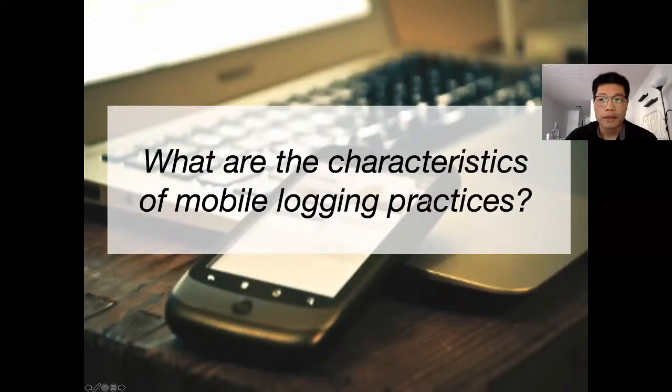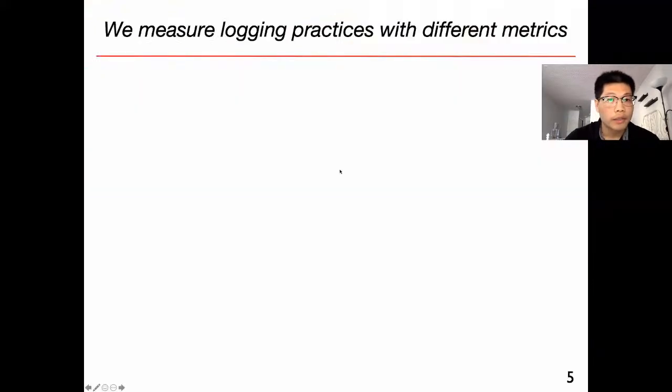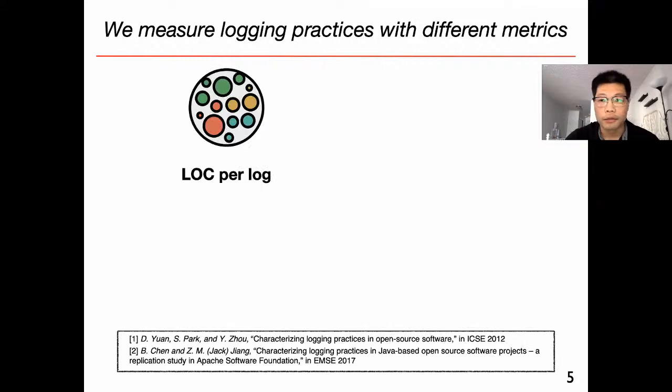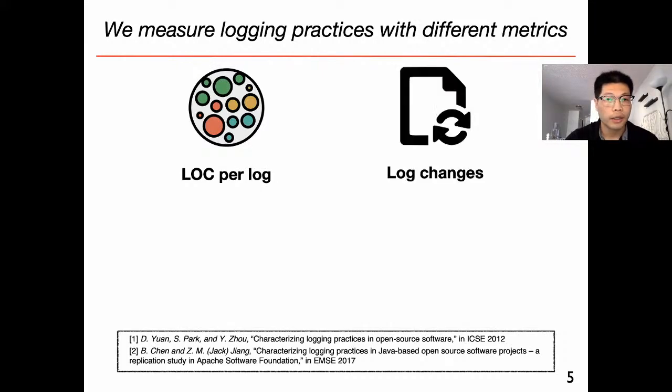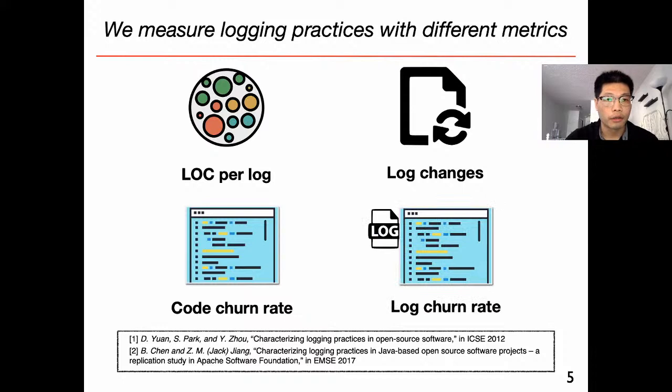Because none of the prior studies on logging characteristics were conducted on mobile apps, first we want to examine what the logging characteristics in mobile apps are. We measure different kinds of metrics to understand the logging characteristics in mobile apps, including lines of source code, log changes, the code churn rate, and the log churn rate.